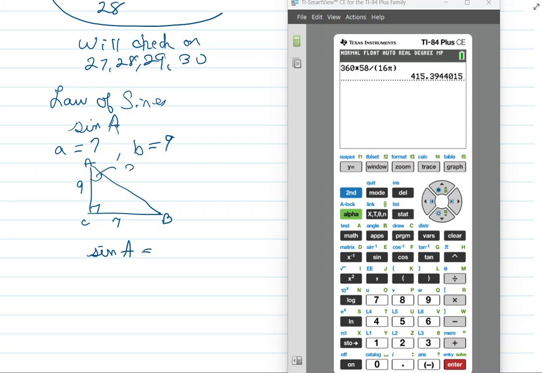So that's opposite over adjacent. Or we could just do the Pythagorean theorem. Sorry about that. Or inverse sine. Oh, let's do inverse tan.